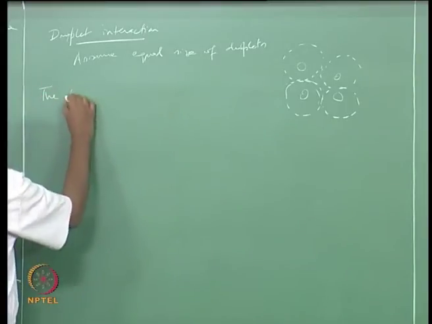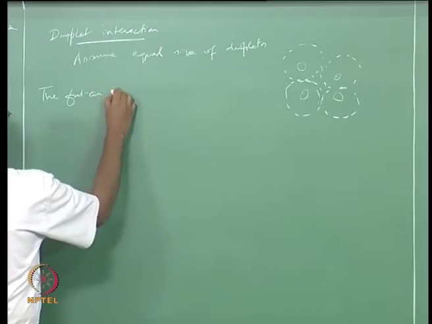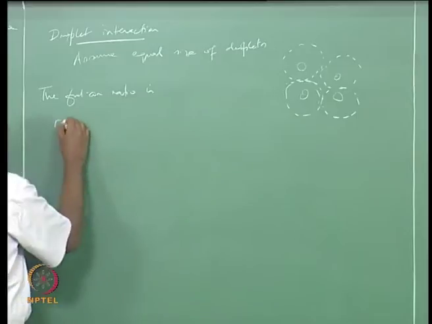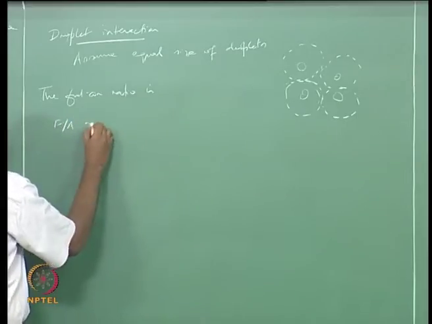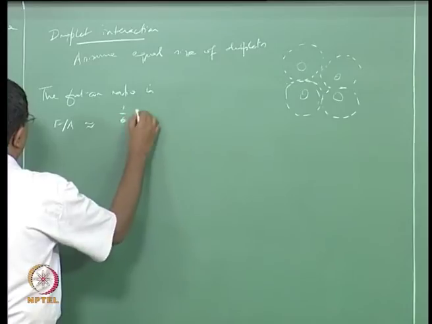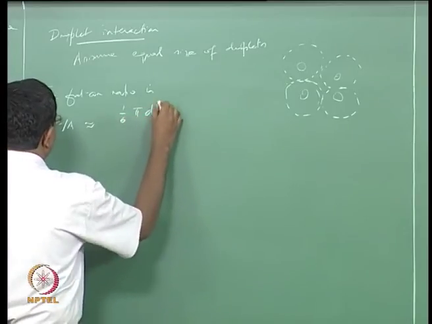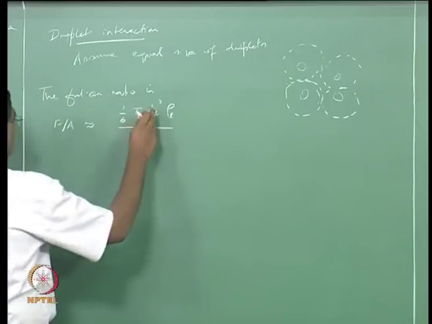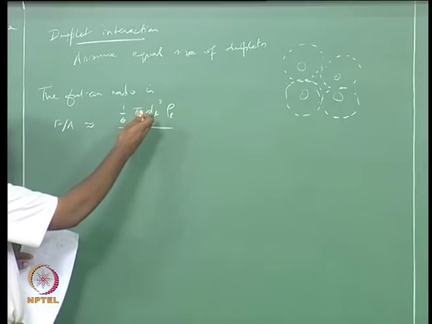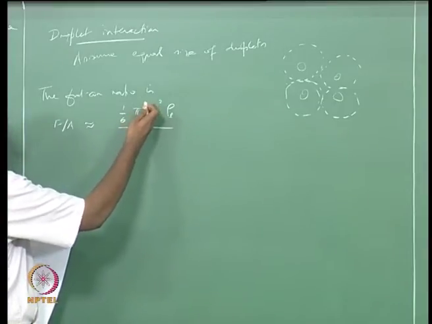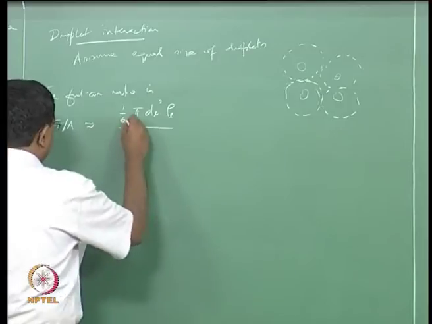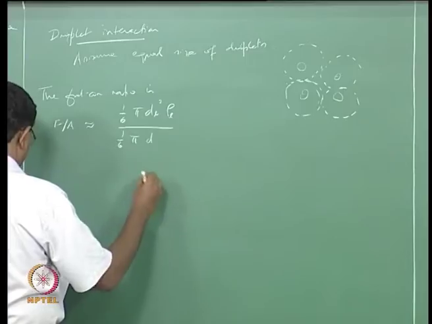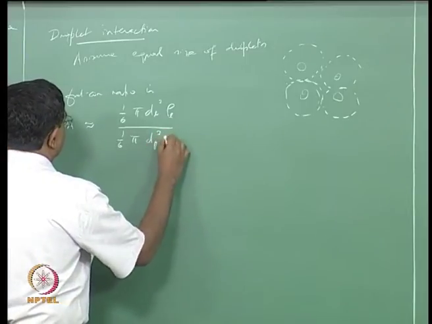the fuel air ratio F over A is approximately 1 over 6 pi dl cubed rho L. It's essentially 4 over 3 pi RL cubed, but RL is dl divided by 2, so if you plug that in there, you get the 1 over 6 dg cubed rho g.